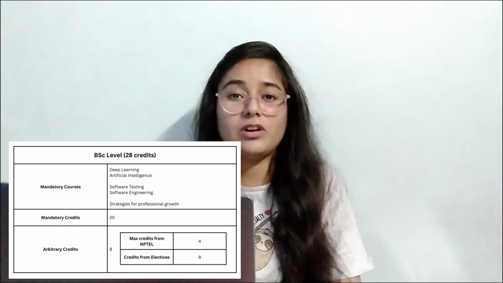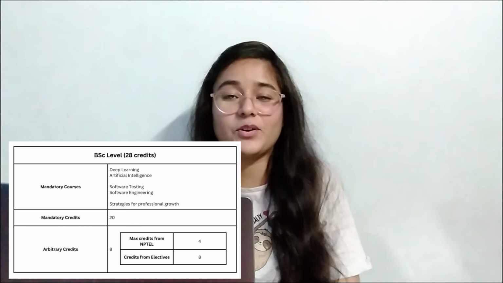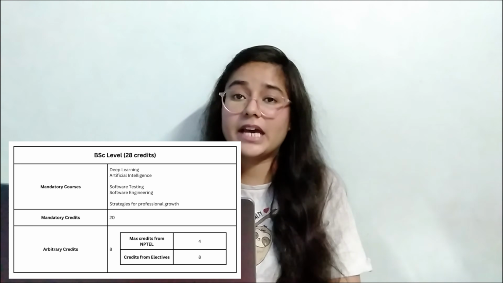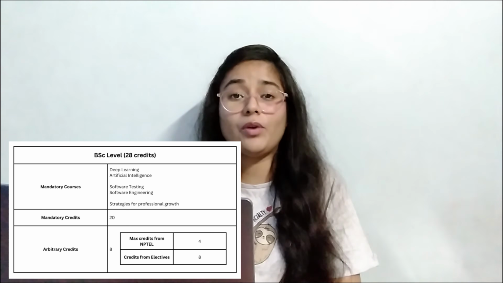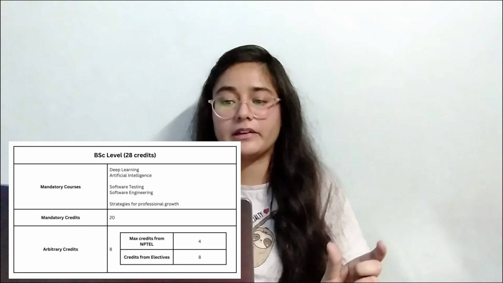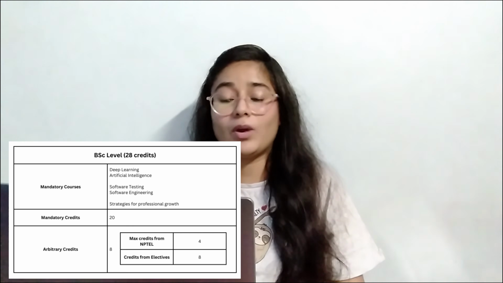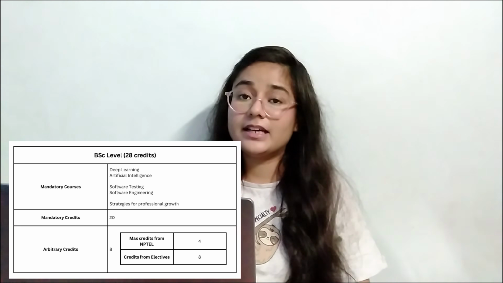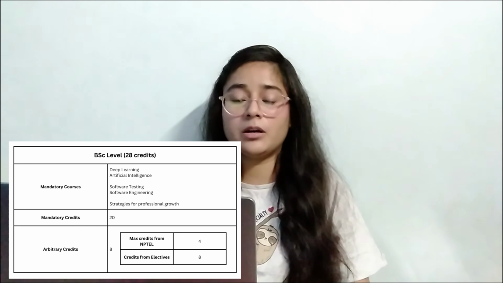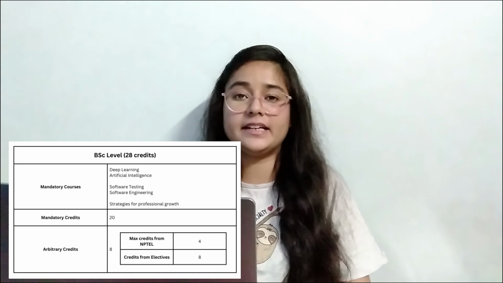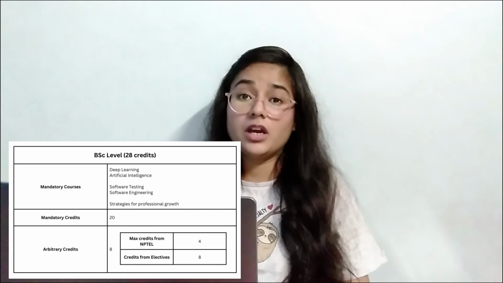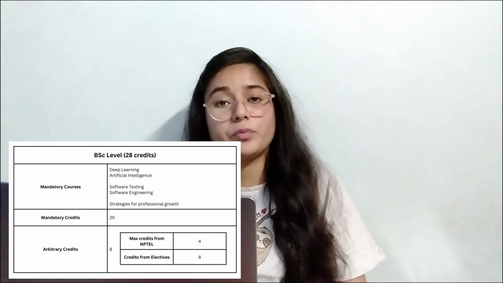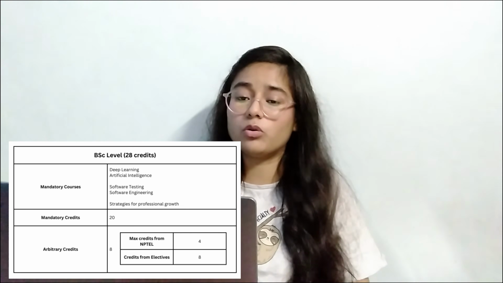So guys, first of all, let's talk about the academic structure of the BSc level. As you can see in the image on your screen, the BSc level is 28 credits in total, out of which 20 credits are mandatory. That means you have to take up these 5 courses that are mandatory for your BSc, out of which we have 2 mandatory core pairs and 1 mandatory course.